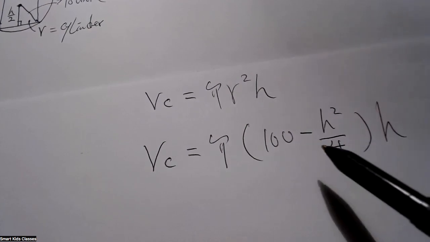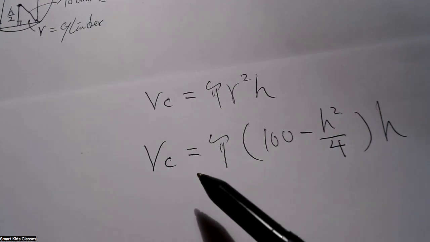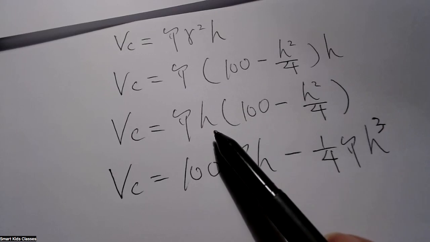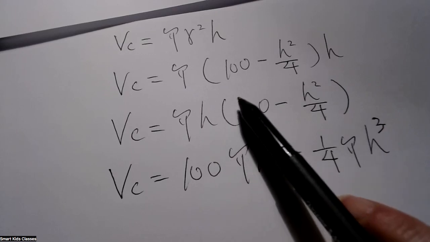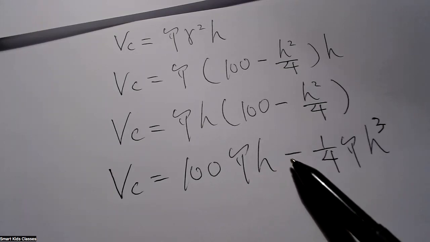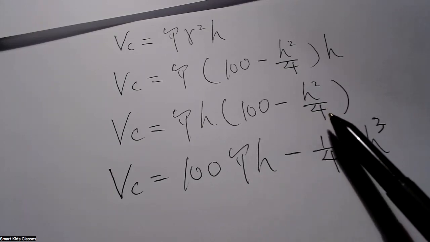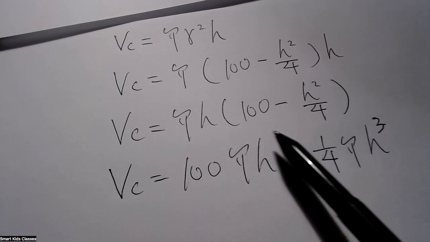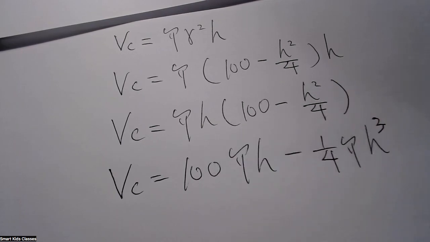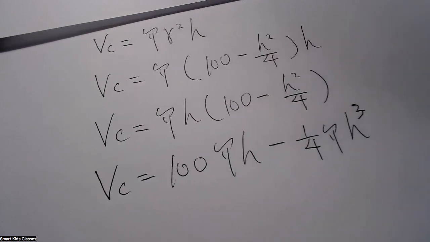So we successfully change this equation into one with only pi and h. Then we do the distribution: 100 pi h minus 1 over 4 pi h times h squared, which gives h cubed. Now we are going to take the derivative, V prime.